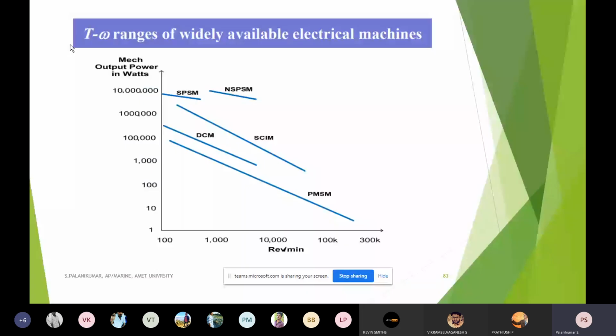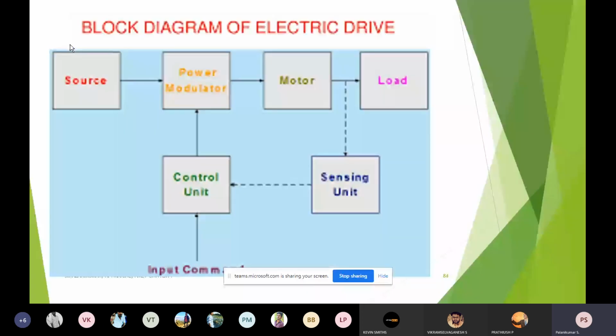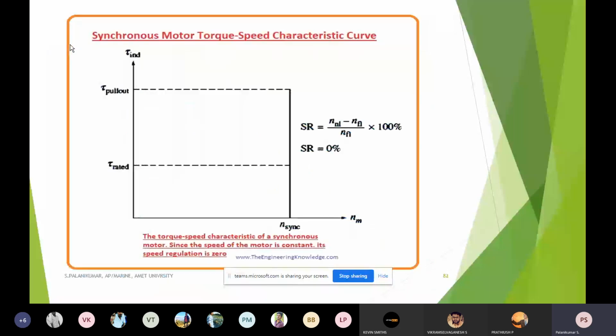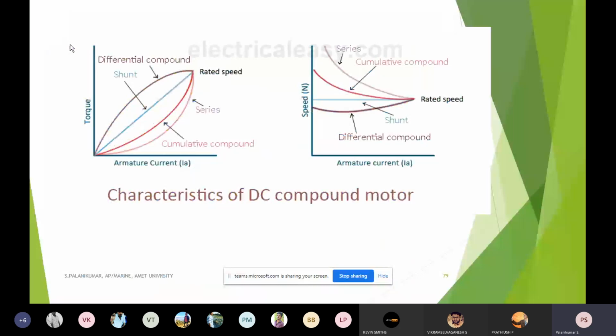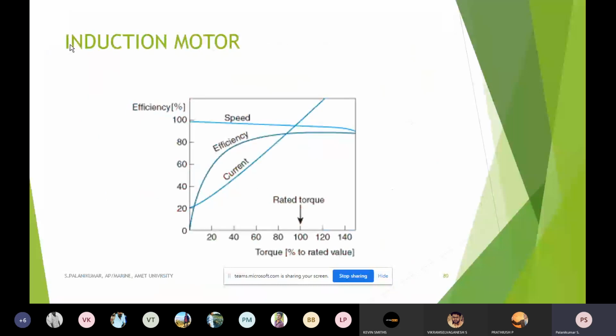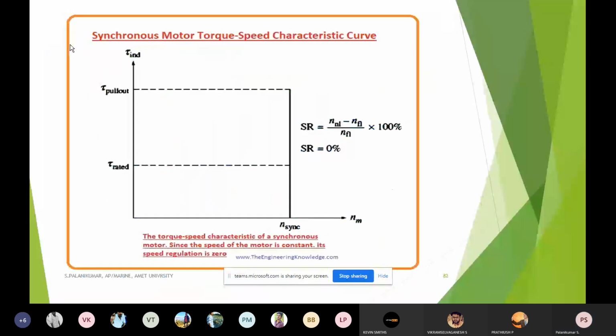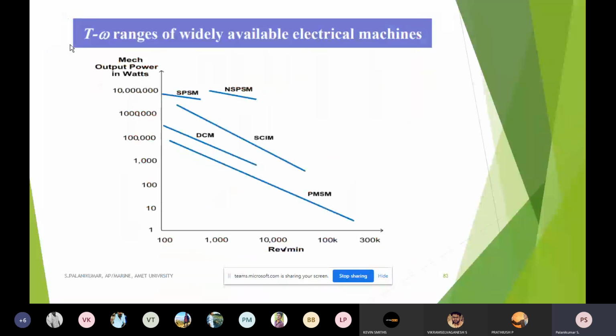So this is the drive. Now, so far we have seen the motor as an individual component in any electrical vehicle. But as far as the system is concerned, an electrical vehicle is a system, and a hybrid electrical vehicle is a system.